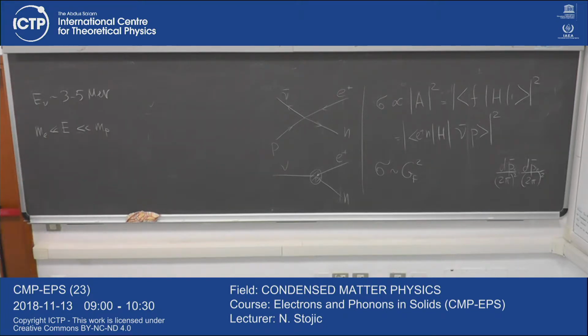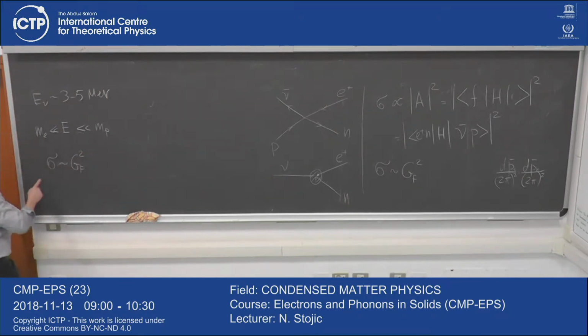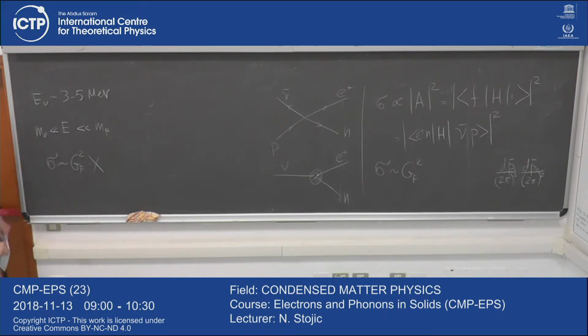So first, the cross-section is proportional to G Fermi squared. Now, that should be multiplied by something, all right? And we are computing the total cross-section of this process. So what is the dimension of this X? The cross-section has dimension centimeters squared, which is 1 over mass squared.